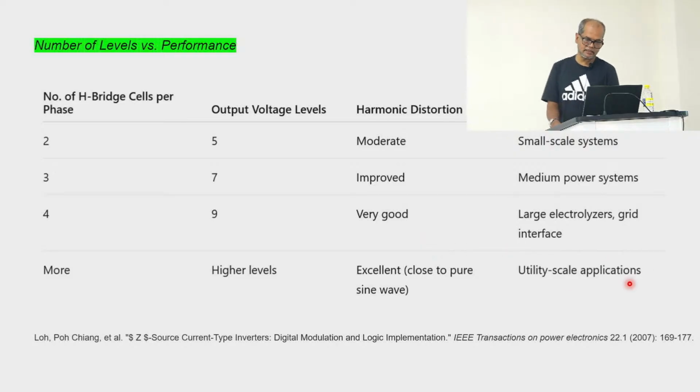For utility scale application, we definitely prefer a multi-phase H bridge, which gives better performance for grid application. But if you have a small size and don't care, then you can go for fewer bridges, which reduces the price, but you have to compromise on power quality.